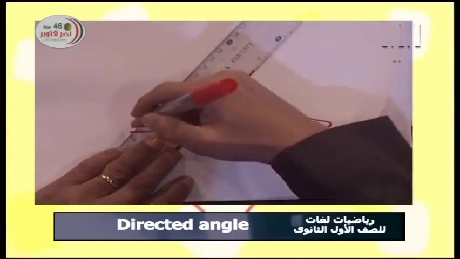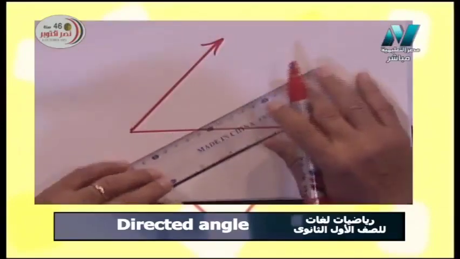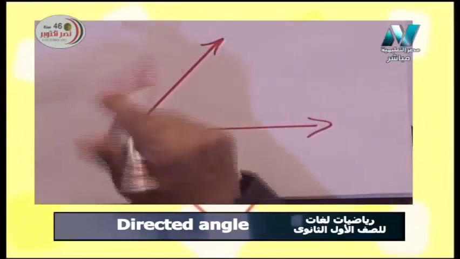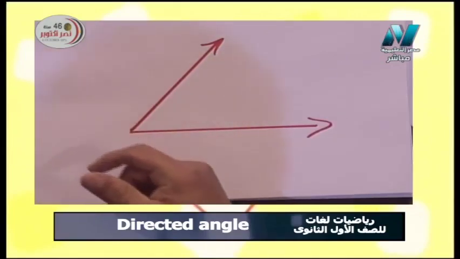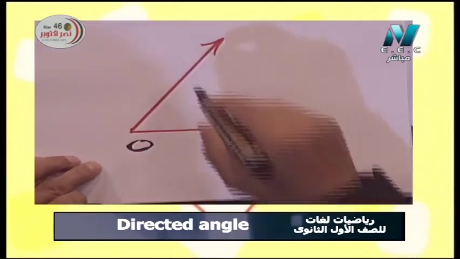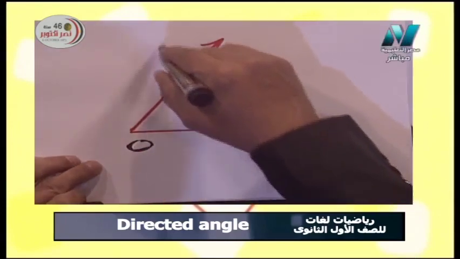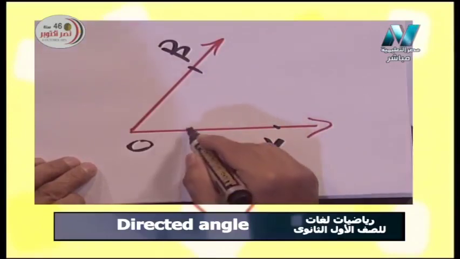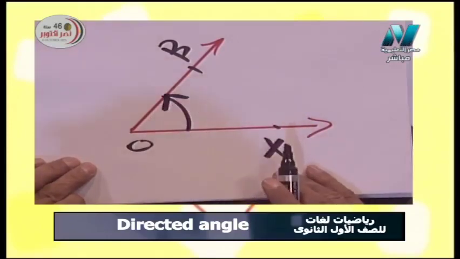Okay, let's draw a directed angle like that. We have here OX, and this is B. Is this angle positive or negative?